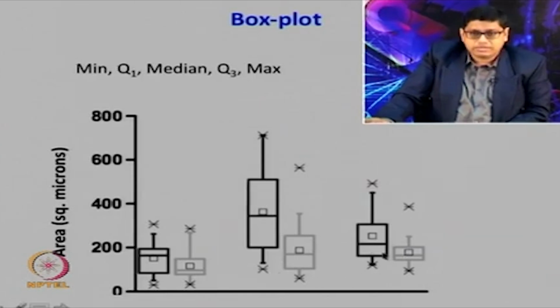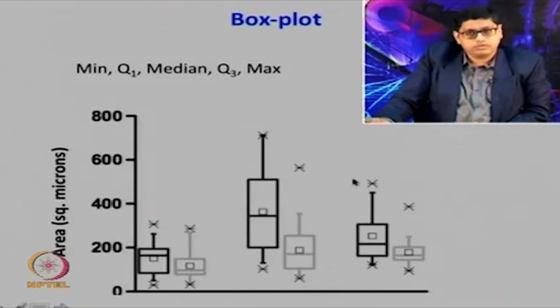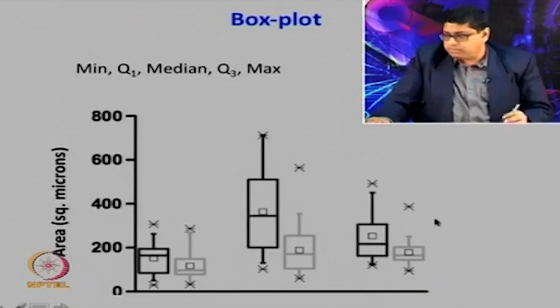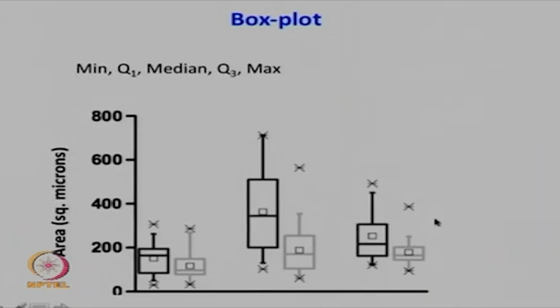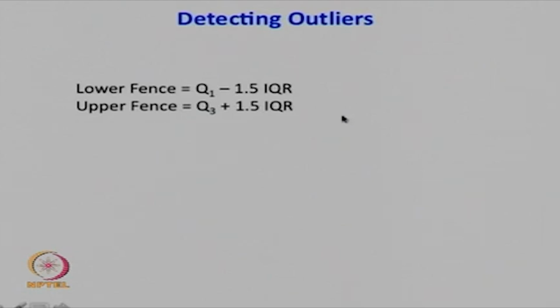When your population is not outside the outlier, your minimum and the error bar would converge. But in this case here or in this case here, these points are clear outliers which lie much outside the bulk of the data. So, that is how you can detect outliers: find out where your lower fence and upper fence are, and then plot your box plot.